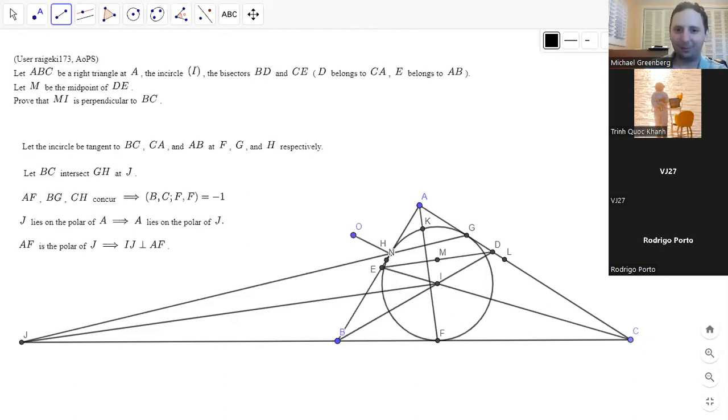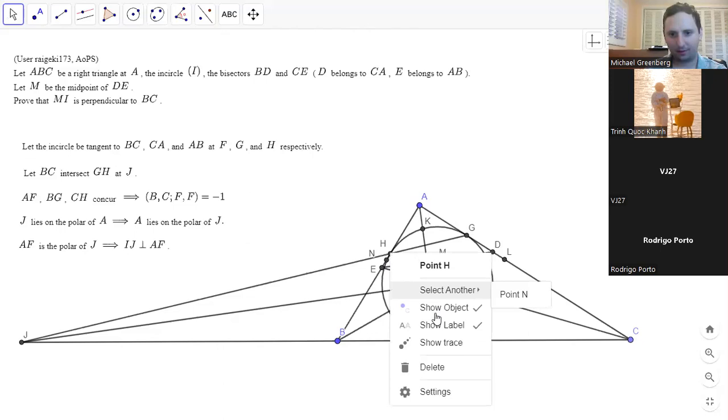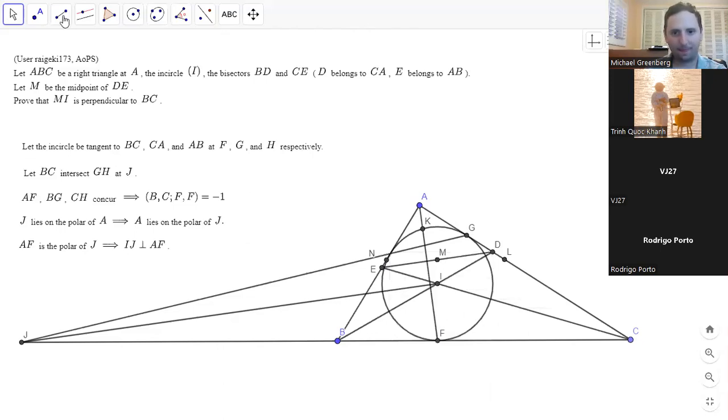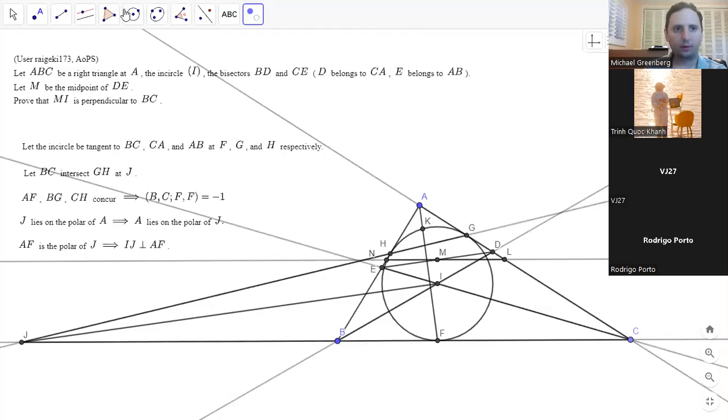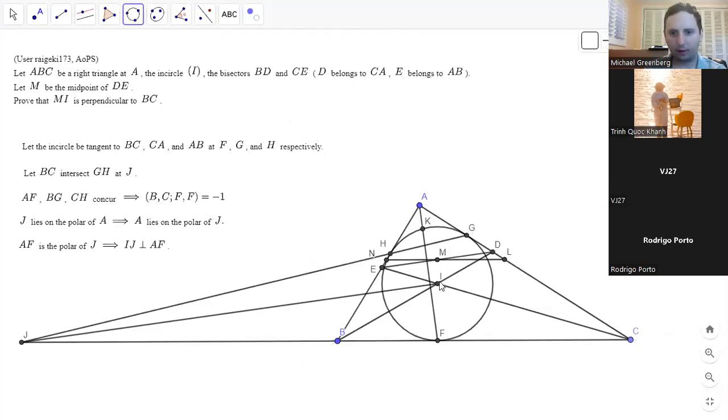Why don't I hide point H for the time being? There we go. All right, so IMGL. Let's see. So IGL is 90, and okay, yeah, that would solve the problem basically.